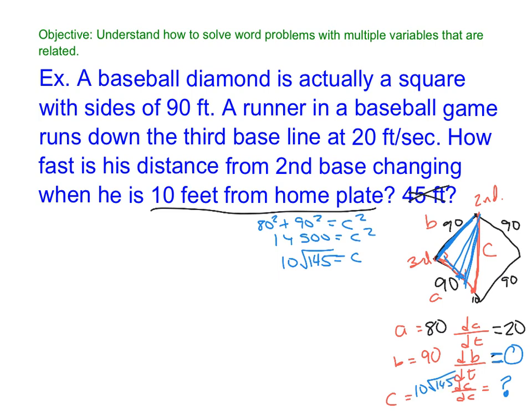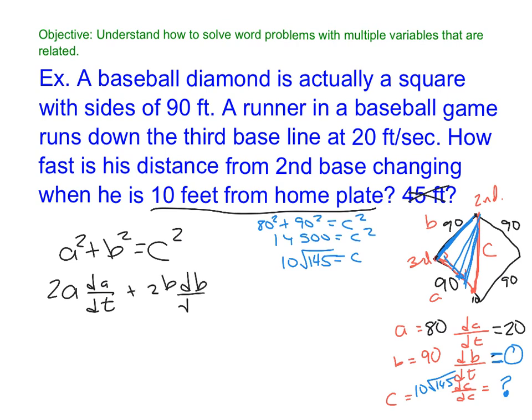All right, so now we're going to do the derivative of the Pythagorean theorem. So a squared plus b squared equals c squared. 2a dA/dt plus 2b dB/dt equals 2c dC/dt. This is why I like making the chart, because once I fill it all in, it's just not as bad.